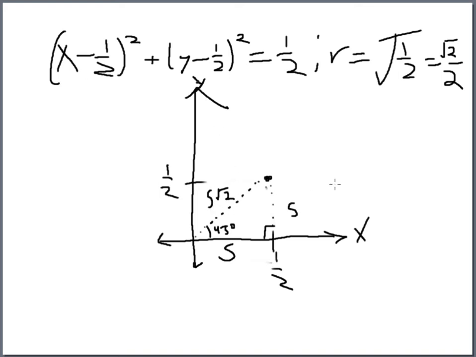And therefore, if S is 1/2, then S root 2 is equal to root 2 over 2, which is the radius. So that is perfect. So now we know where the circle starts. Or not really where it starts, but something similar like that. So we can plot this point over here.